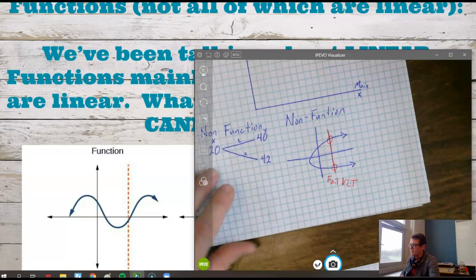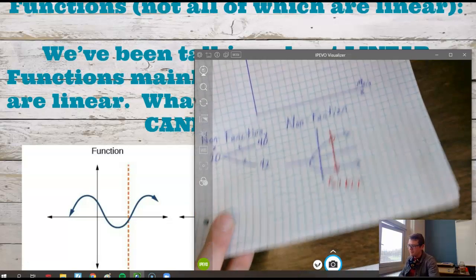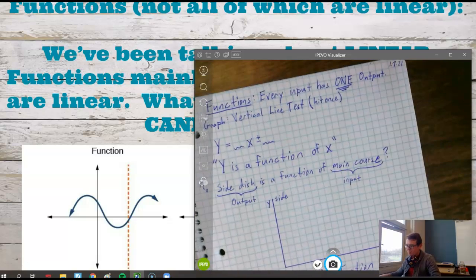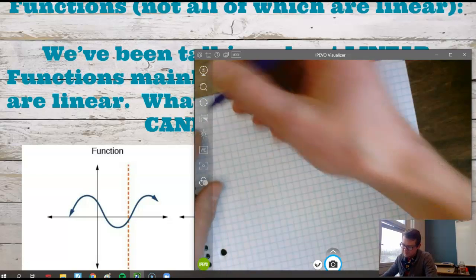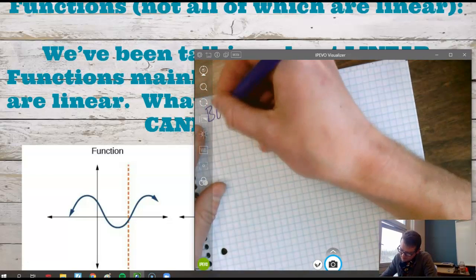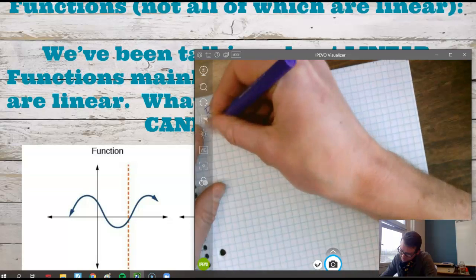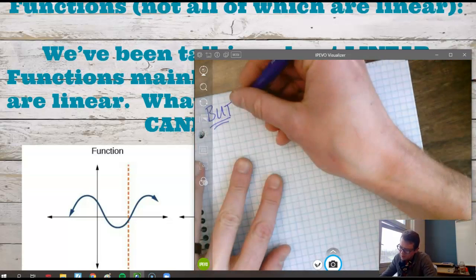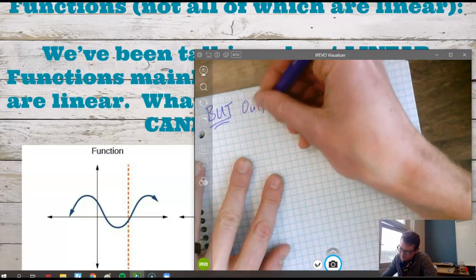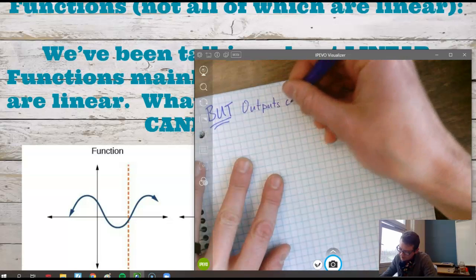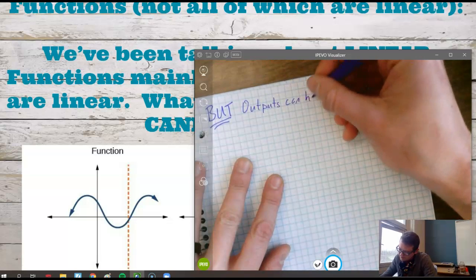So every input can only have one output, but outputs can have multiple inputs.